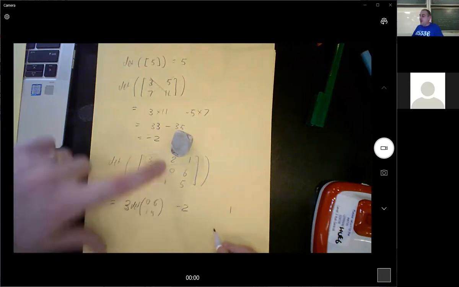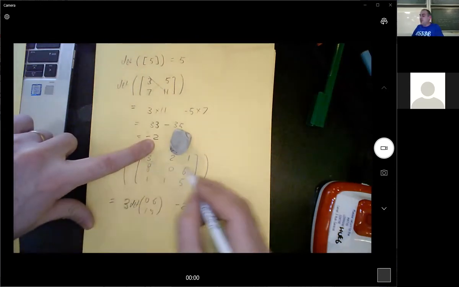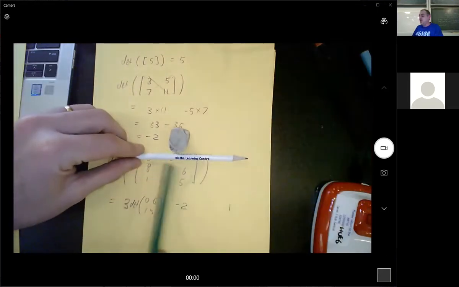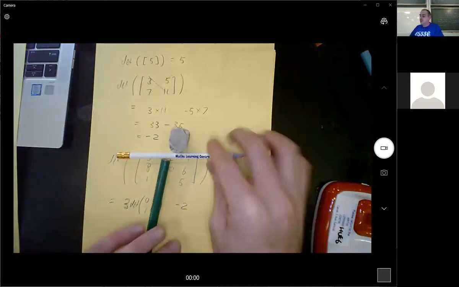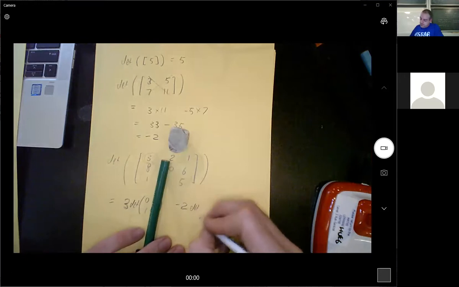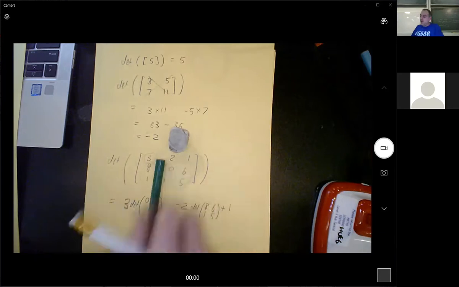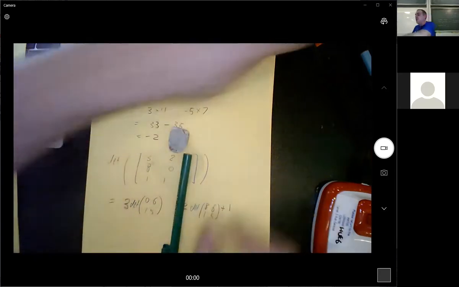And the thing you multiply the -2 by is whatever determinant you get by removing the position that the 2 is in. And whatever you multiply this 1 by is whatever you get by removing the position that the 1 is in.